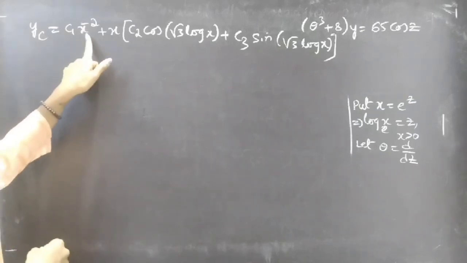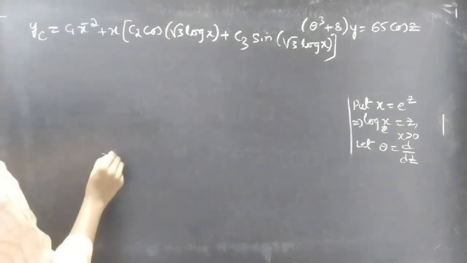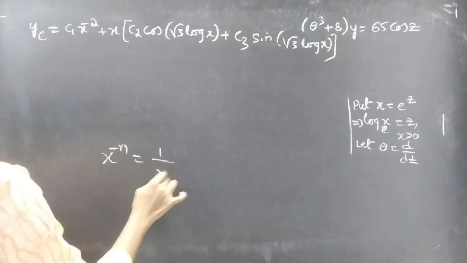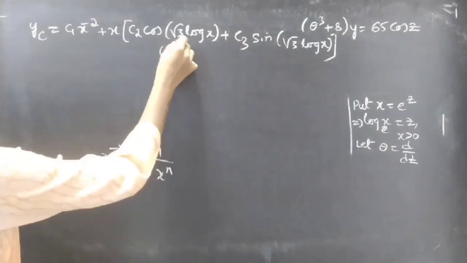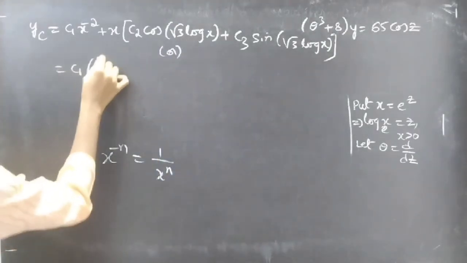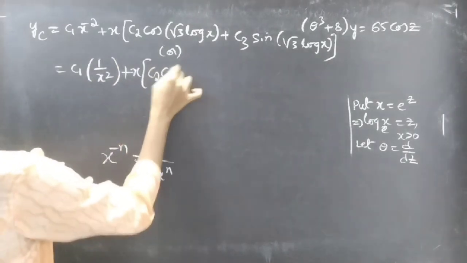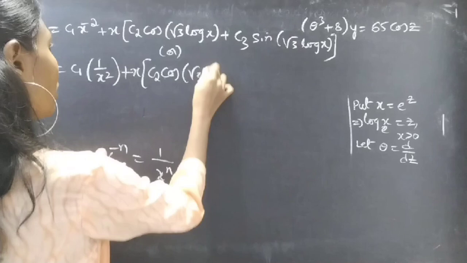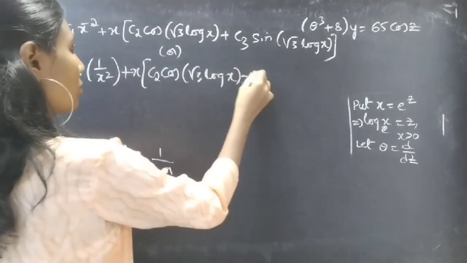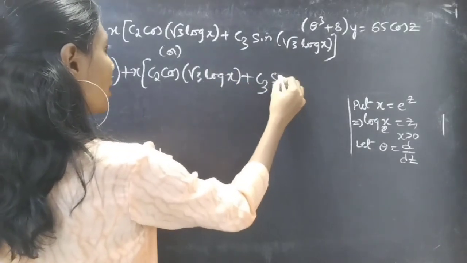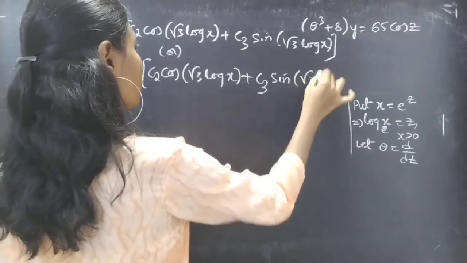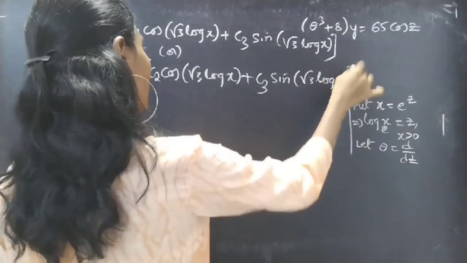See, we have x^(-2). We know that x^(-n) = 1/x^n. We can write yc as c1 into 1/x² + x (c2 cos(√3 log x) + c3 sin(√3 log x)).